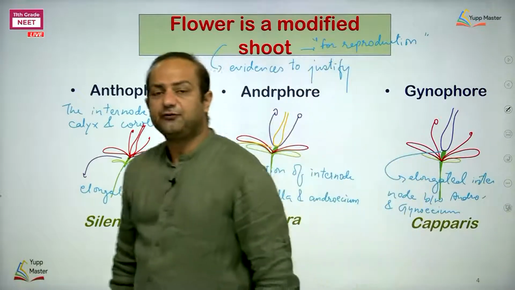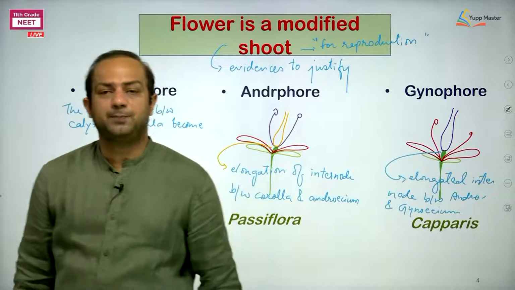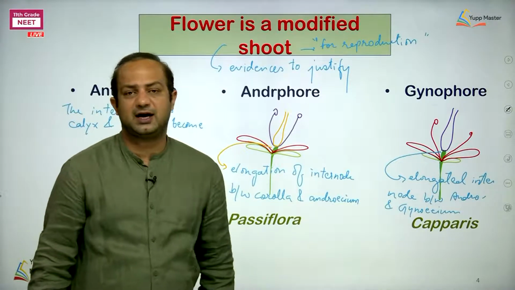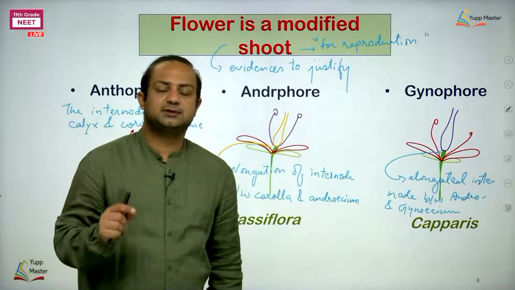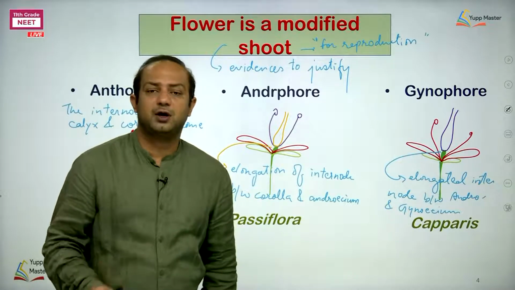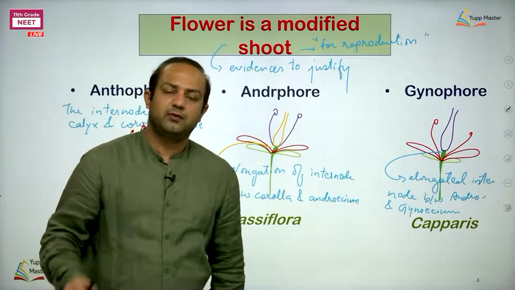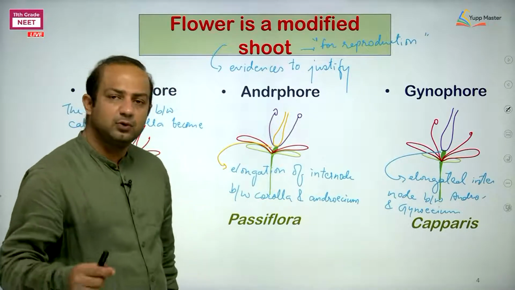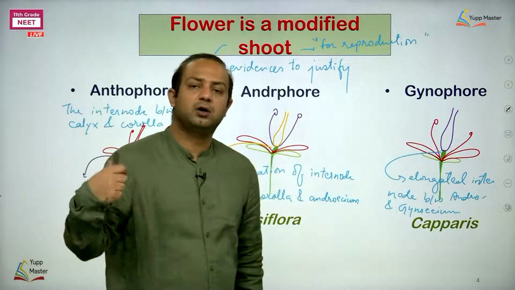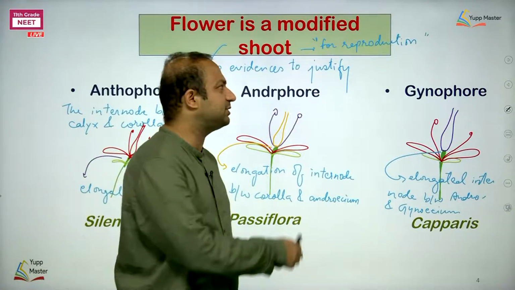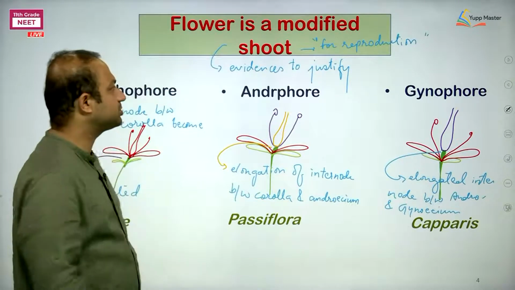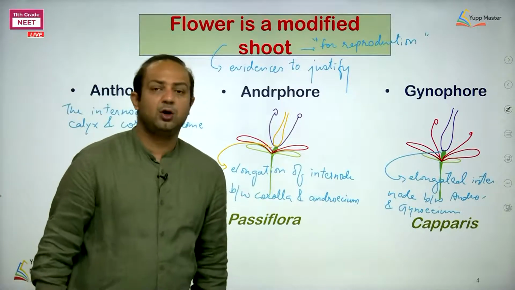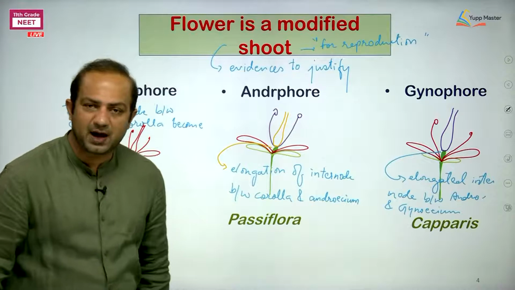Now, if the flower is modified for reproduction, then what kind of reproduction? As I told you in the beginning of this class, the flower is the structure which is responsible for sexual reproduction, whereas the earlier things that we have studied like leaf, stem, roots, those were all related to vegetative propagation. This is with sexual reproduction. So if the flower is modified for reproduction, then what are those reproductive parts?